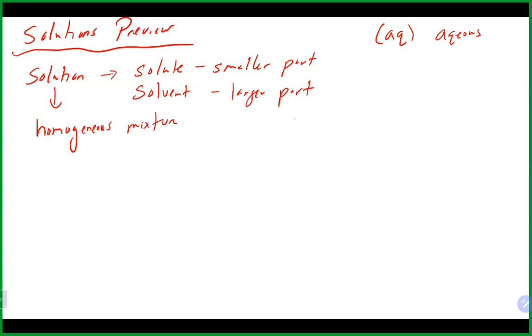So for example, if you took some potassium chloride solid and you took some water, which is a liquid, these are each pure substances, but the potassium chloride here would dissolve in the water, and that would give you a potassium chloride solution that would get the aqueous symbol next to it.